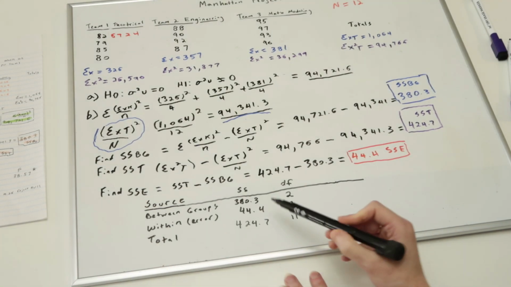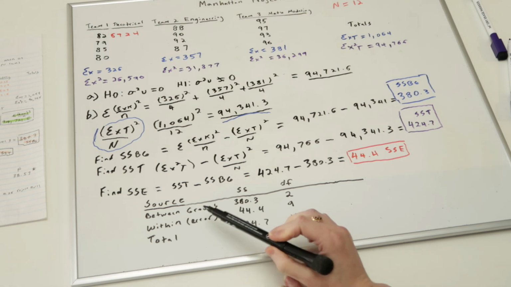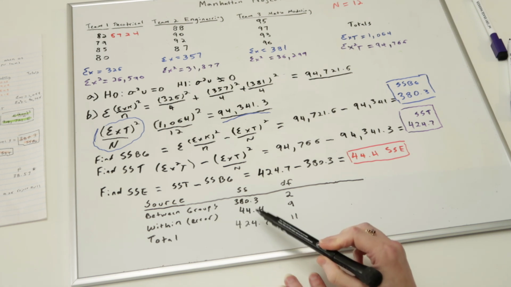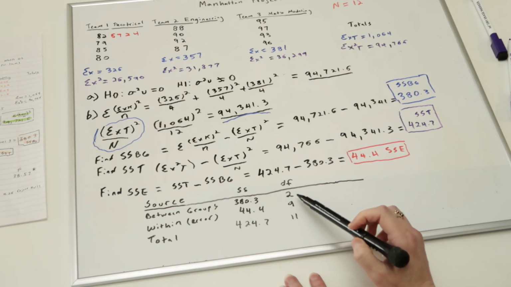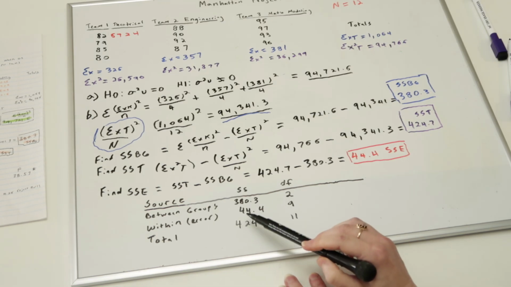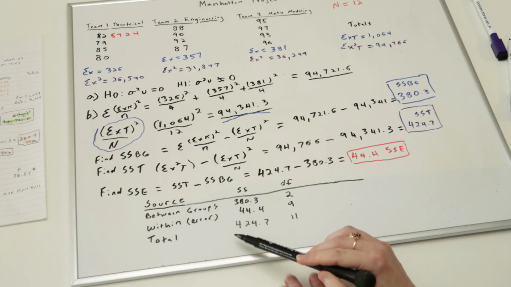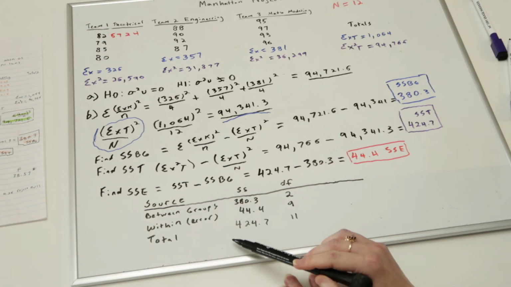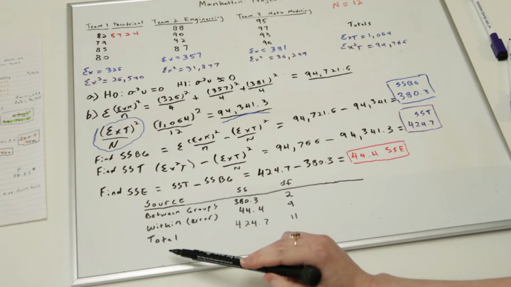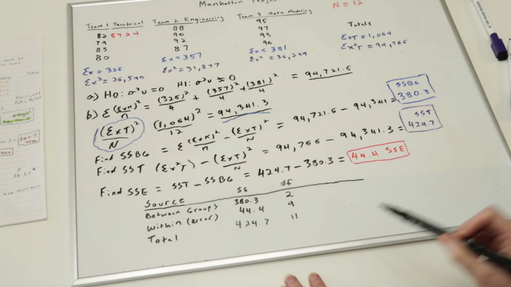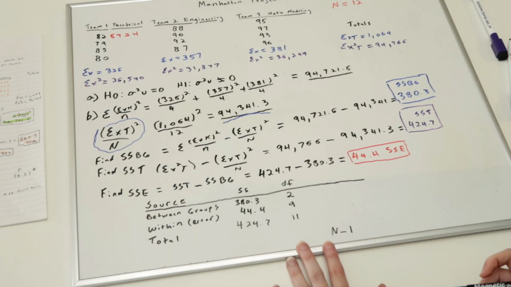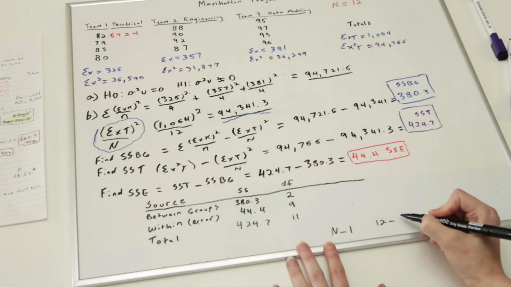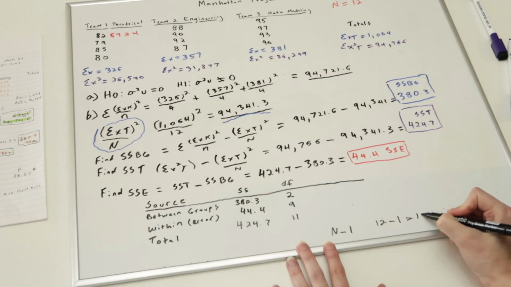And so you're going to take the between, and you're going to divide it by its subsequent degrees of freedom. You're going to do the same for within, and the same for total. So remember, total degrees of freedom is literally just n minus 1. So 12 minus 1 is equal to 11, right?